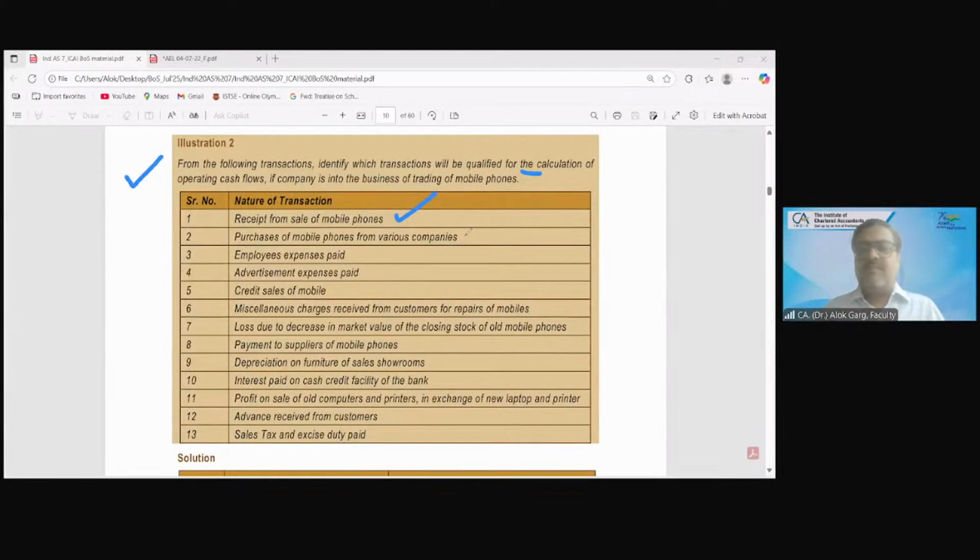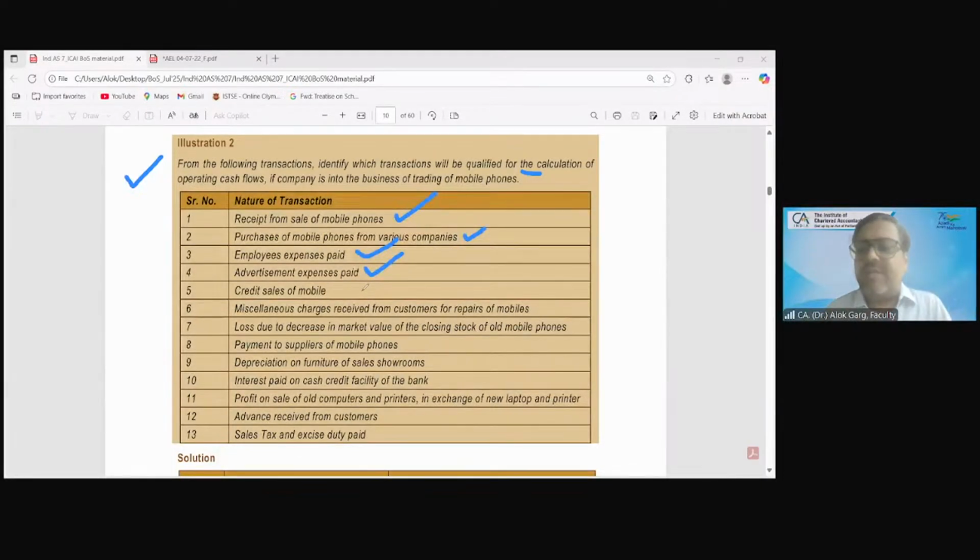If it is on cash, then it is an operating activity, assuming it is on cash. Employee expense paid: operating activity. Advertisement expense paid: operating. Credit sales of mobile: this is non-cash.